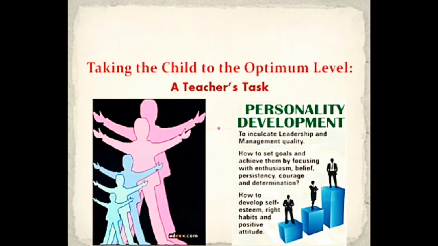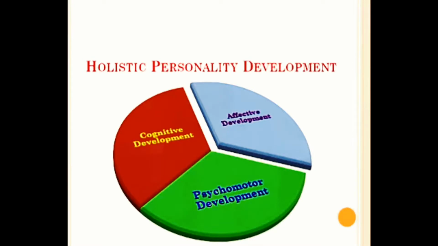You can see on the screen that the student has certain inner abilities, and it is the teacher's task to nurture those, to nourish those inner abilities and grow his personality to the optimum level possible. So, personality development is the main aim of education, and it is the task of the teacher to develop the personality of the child to the optimum level. Now, what do we mean by holistic personality development or overall personality development?